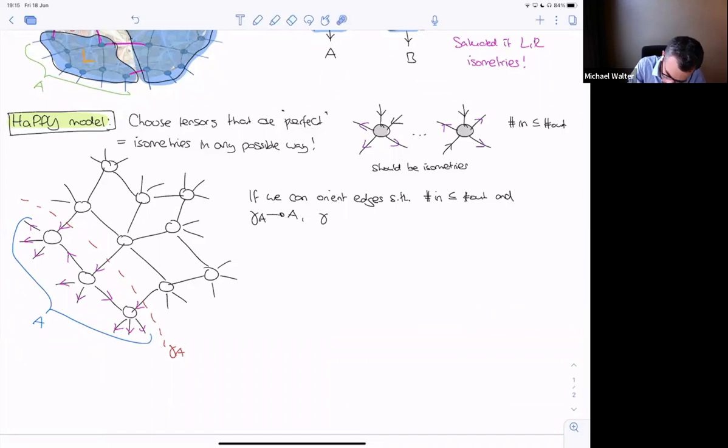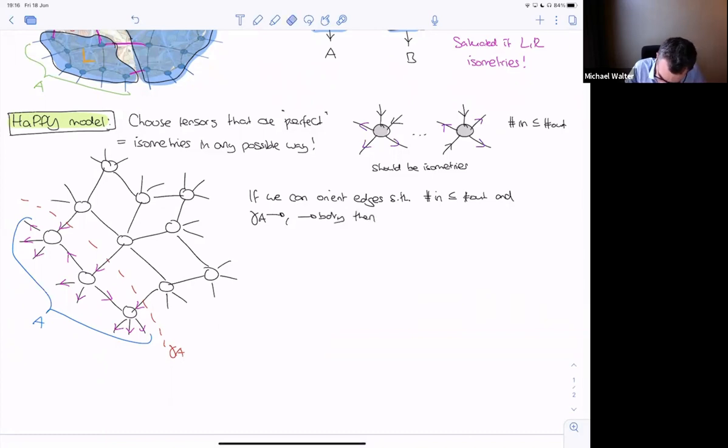Or maybe that's a weird way of writing it. What I mean is that at the RT surface they point away, and they point into A at the boundary and into A complement at the other part of the boundary. Okay, maybe that's not a great way. Maybe I should write it like this: they point away from A, and the edges at the boundary point towards the boundary.